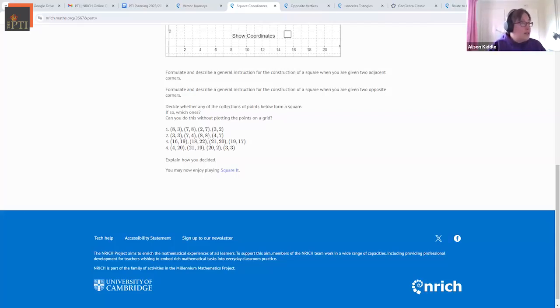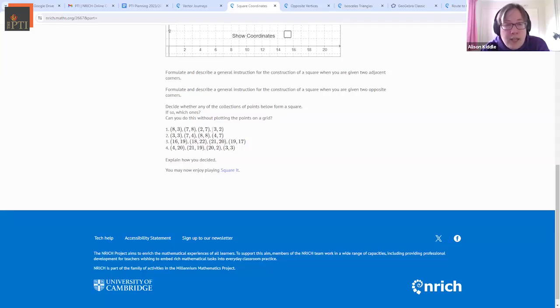I can start by saying, well, as I'm going around from 8-3 to 7-8 to 2-7 to 3-2, how many am I going across and up, or across and down, to get to each of these things? And is that going to give me what I would need for a square?